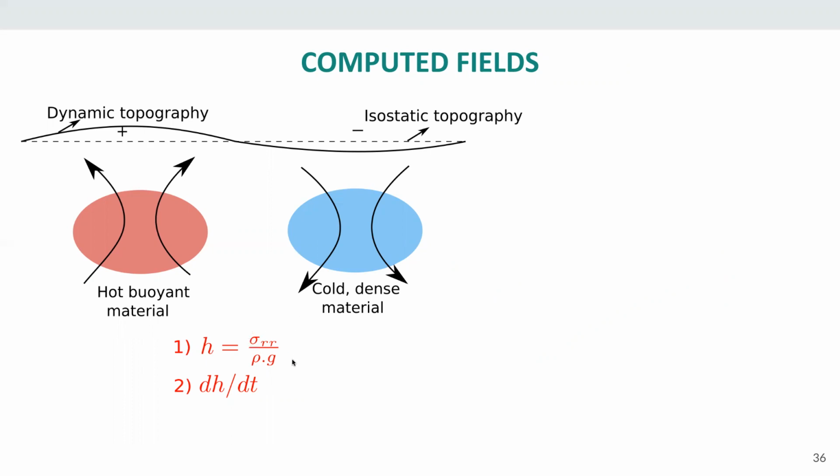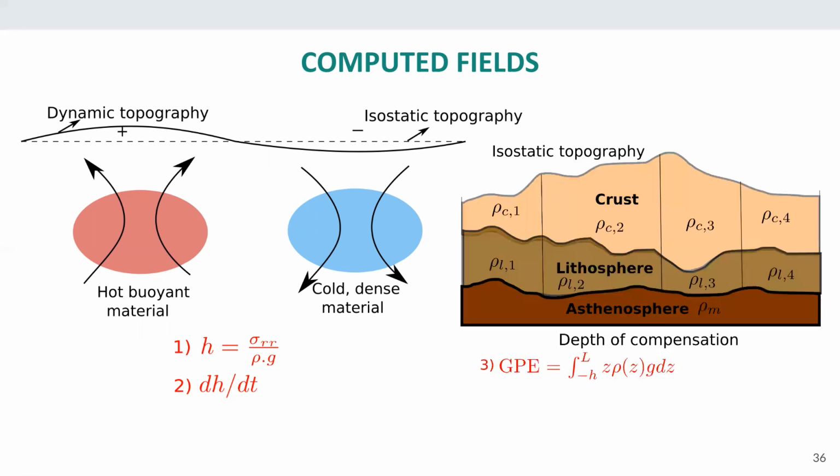And it is related with the radial stresses because the material is going in the direction perpendicular to the surface, so radially. And we also compute rate of change of dynamic topography. We do that by running the models forward in time and then taking the difference between the dynamic topography. We also compute gravitational potential energy.